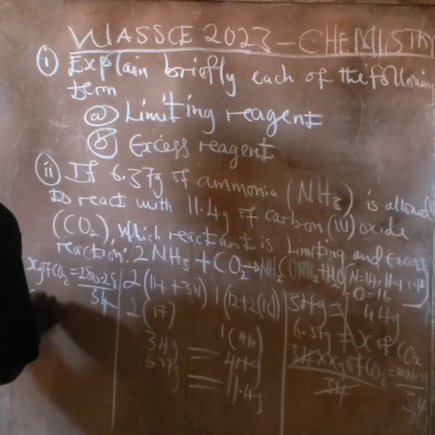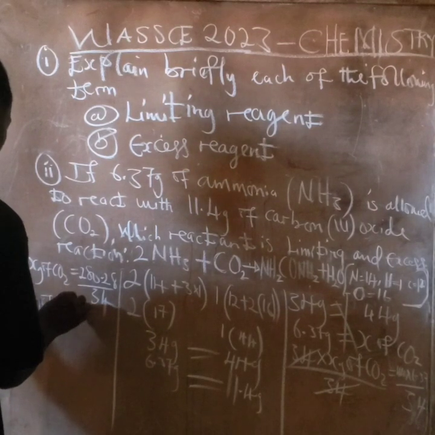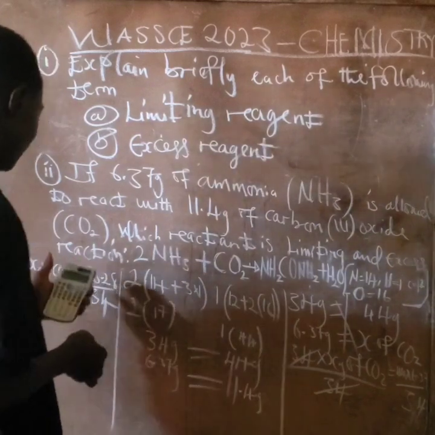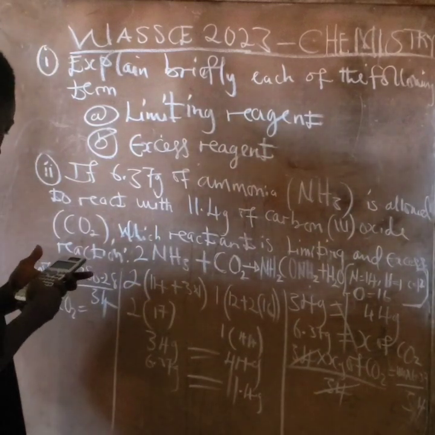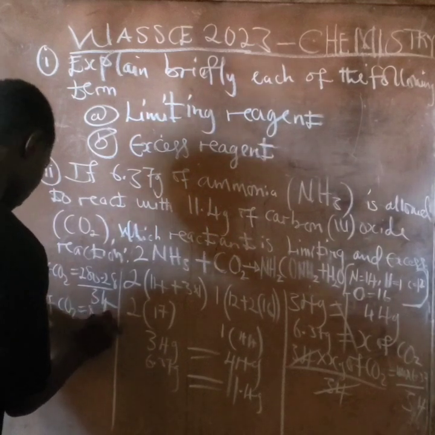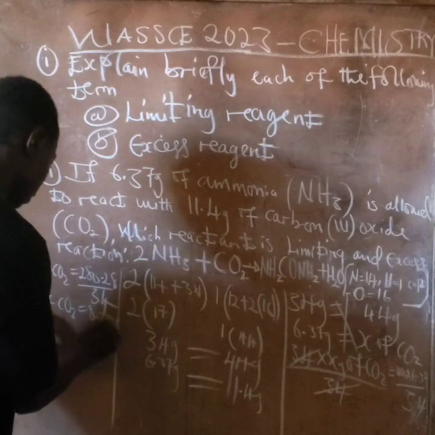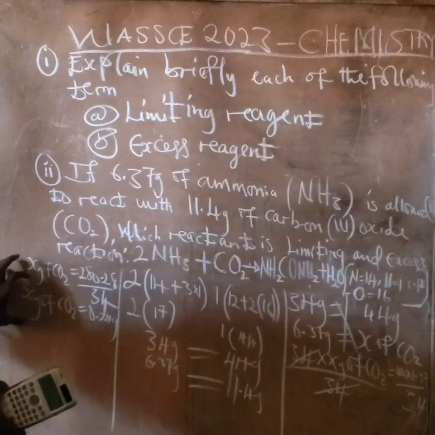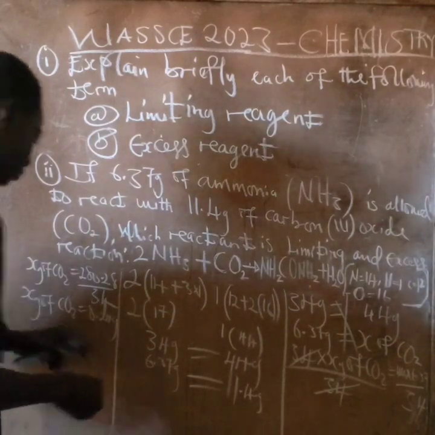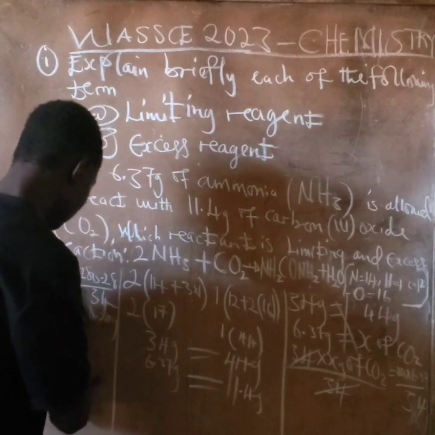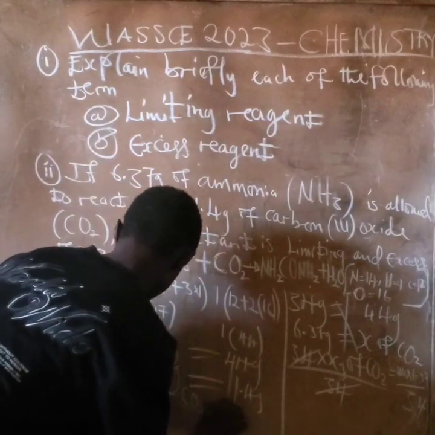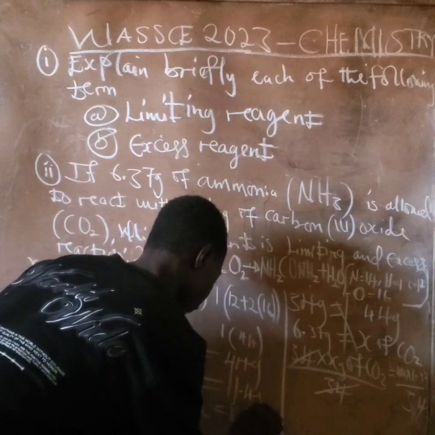Therefore x gram of carbon 4 oxide is equal to this divided by 34, which is equal to 8.24 gram. So now this is the mass of carbon 4 oxide. Therefore this mass of carbon 4 oxide is called x gram of carbon 4 oxide is equal to 8.24 gram.